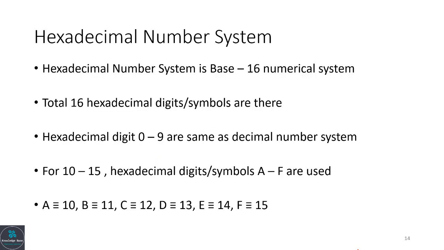Next we are going to discuss the hexadecimal number system. In the hexadecimal number system, the base is 16. So a total of 16 hexadecimal digits or symbols are available.